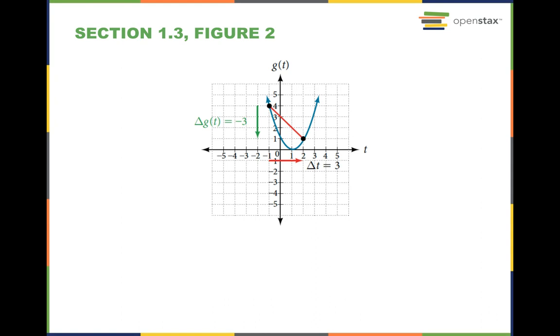It has a negative slope, right? Our delta g of t, I guess for this function they're calling it g of t, is -3, and our delta t is 3. So instead of x and y's, they're using t and g of t, right? We can do that. And it's sloping downwards from left to right, so we'd expect a negative value. In this case, delta g of t over delta t would give us -1.